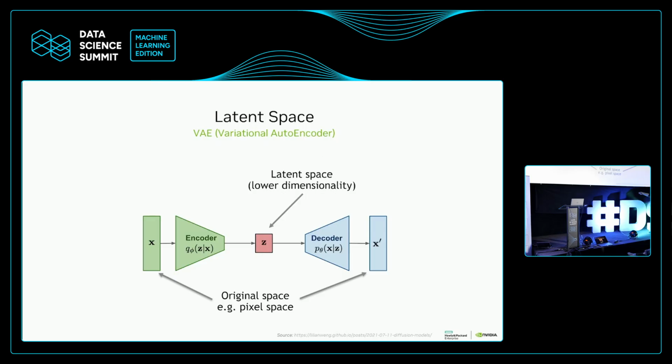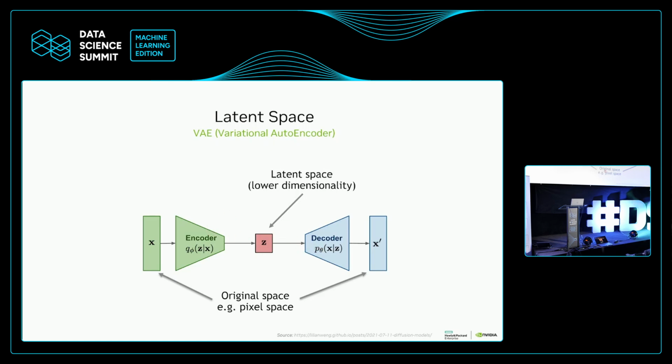So let's say that the original sample, called X here, is just a picture in a pixel space. We can use an encoder to encode it into the latent space that has lower dimensionality, so it's easier to work on this data. And later on, we can also use a decoder architecture to decode it back to the original space.